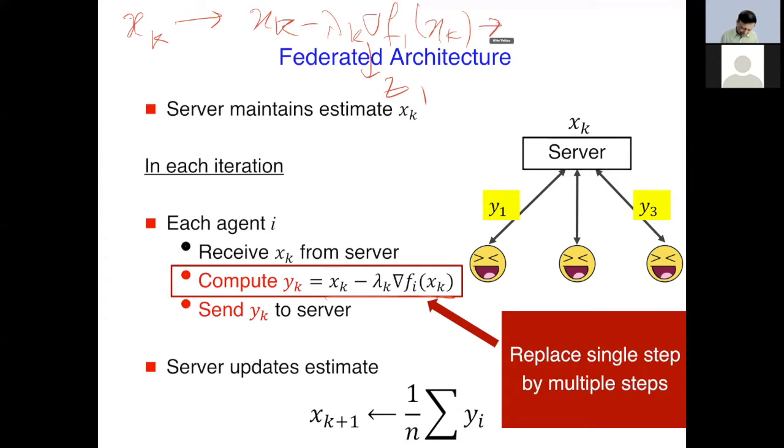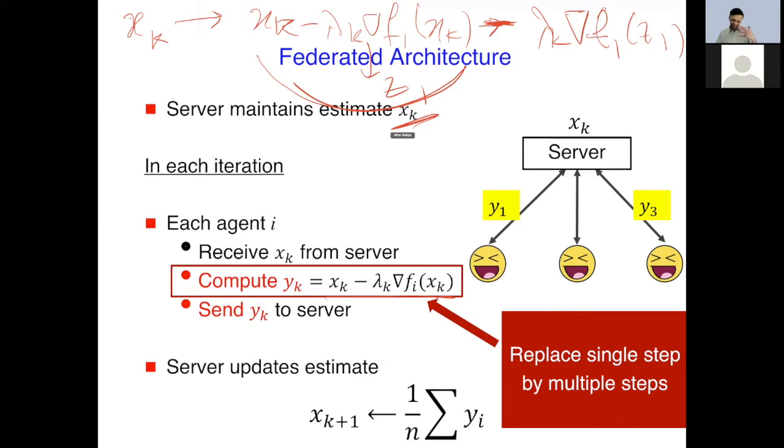Then it can take a second step. It can take this value it has just computed, and then subtract from that lambda k gradient of f1 at z1, the value that we just computed here.